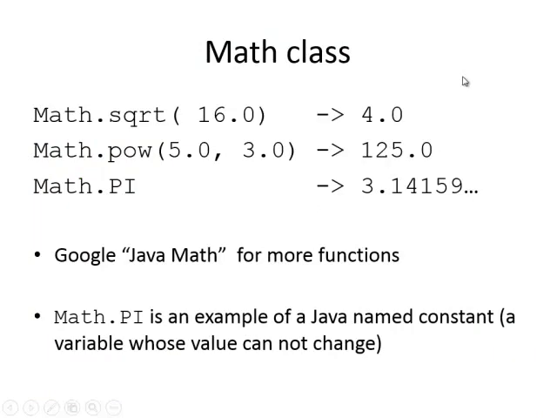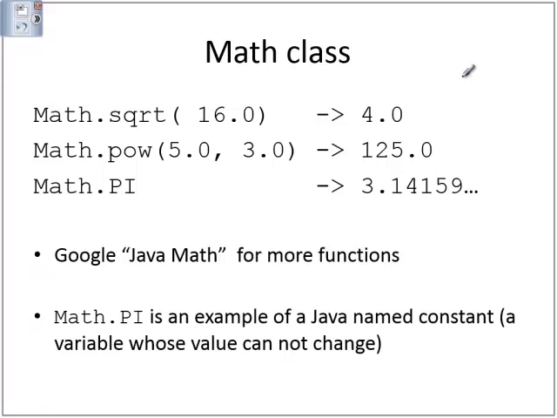I could do it this way, or I could declare a variable, double r is equal to 16.0, and then double x is equal to Math.sqrt of r.